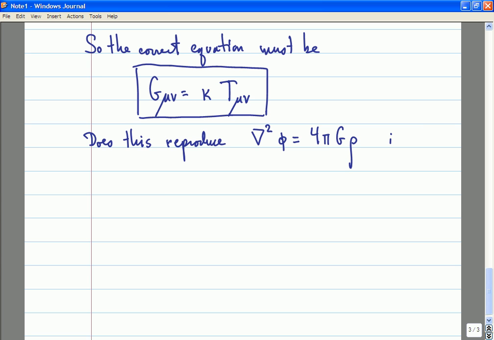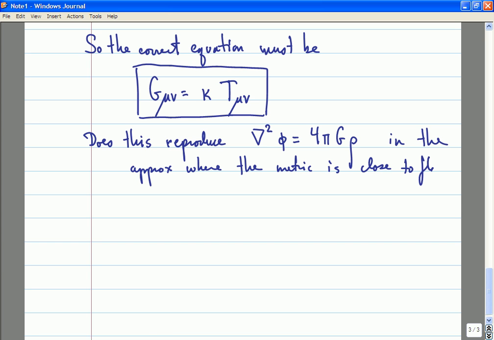in the appropriate regime, namely in the approximation where the metric is very weakly curved and close to flat.